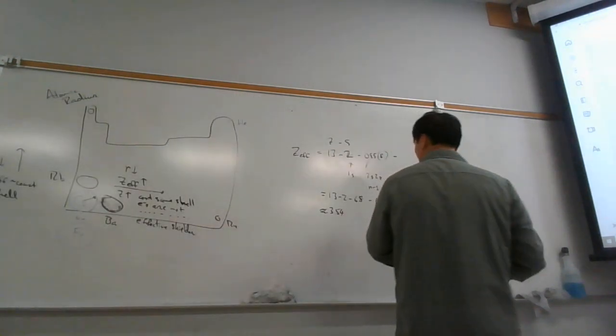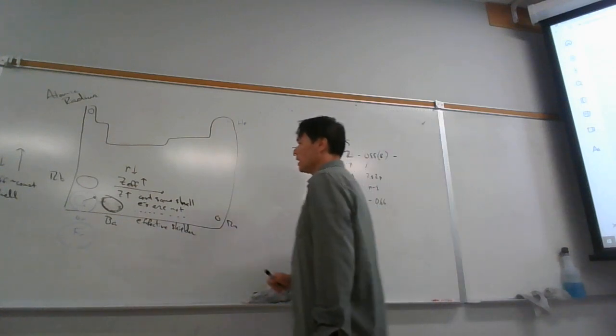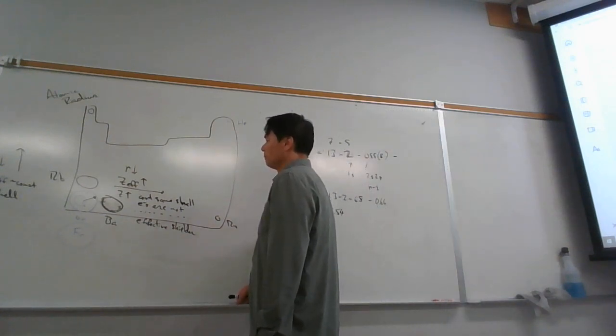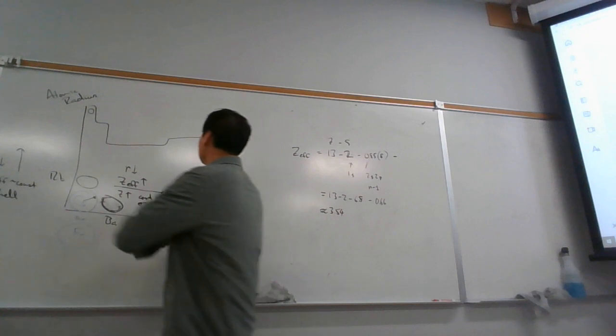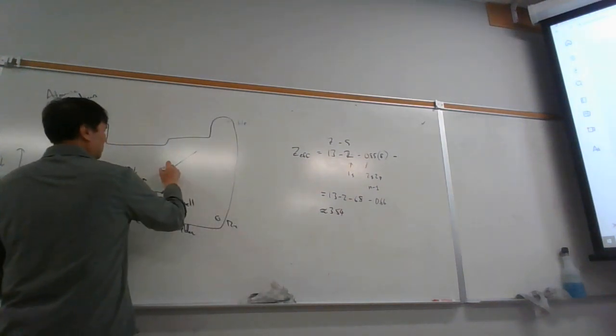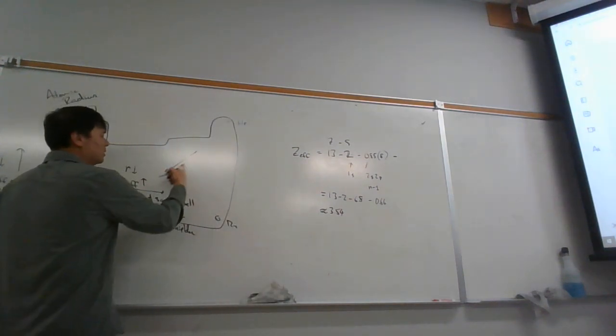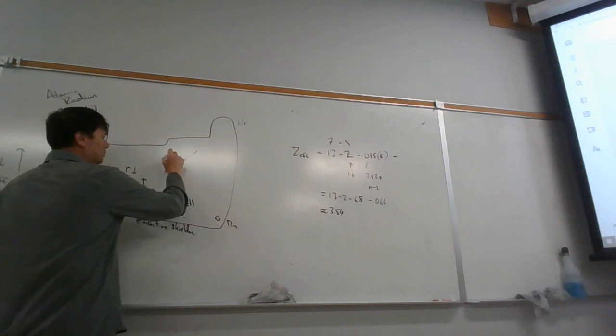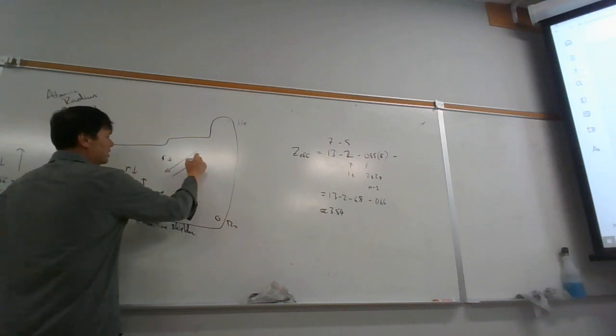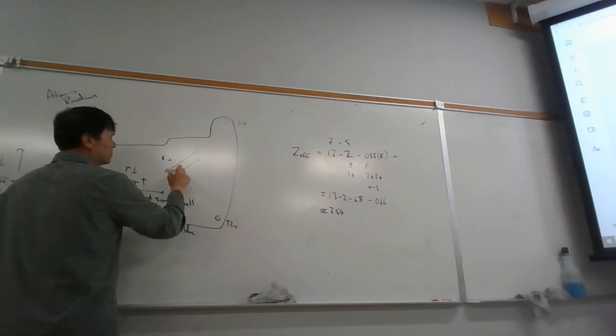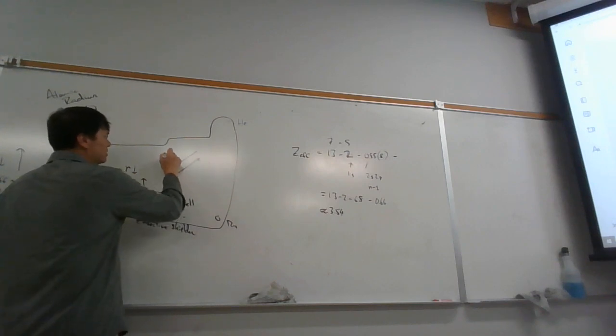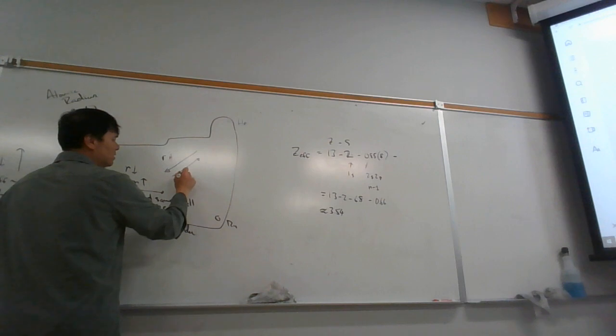Or we grow in size as we go down. And so the size trend goes like this. Size increases as we go down and to the left. Size decreases as we go up and to the right.